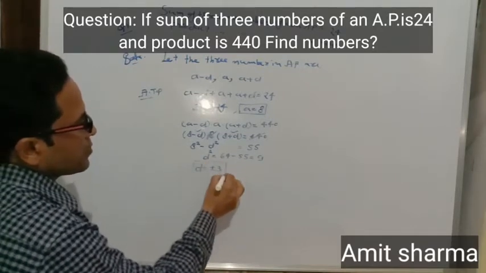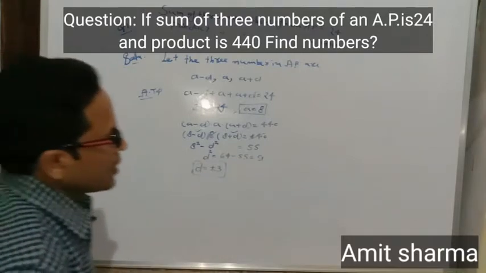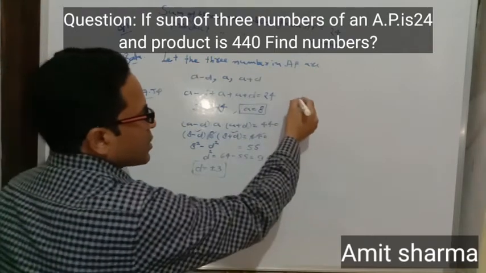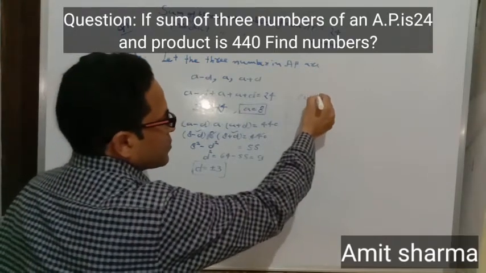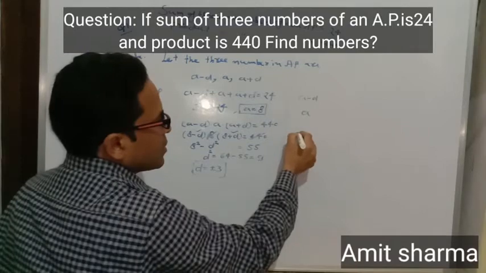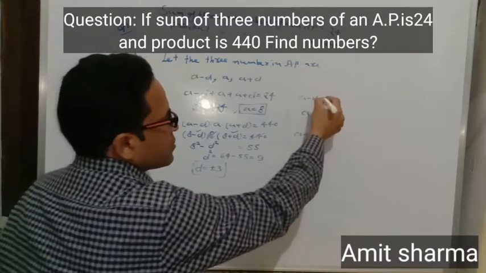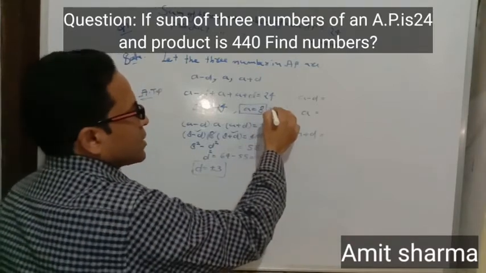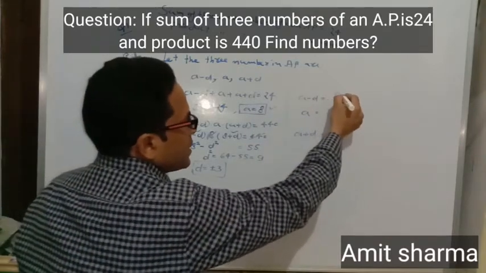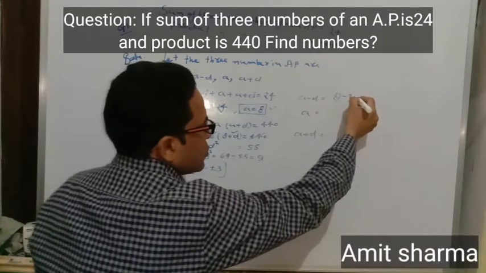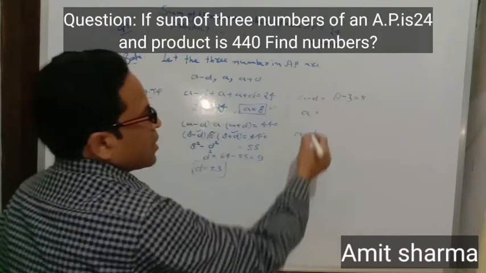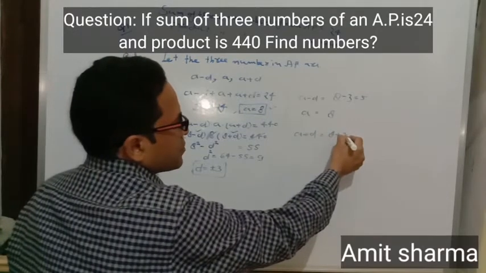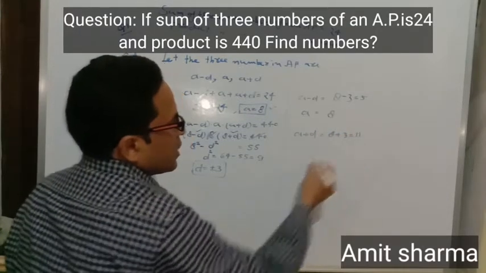Okay, you had to find out three numbers, so what will our numbers be? The first number is a minus d, the second is a, the third is a plus d. Putting the values of a and d, first of all a is 8 and d is 3, you get 5, a is 8 and 8 plus 3 equals 11.